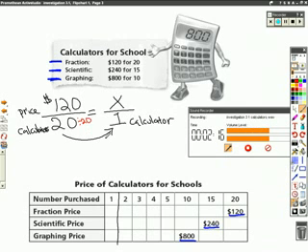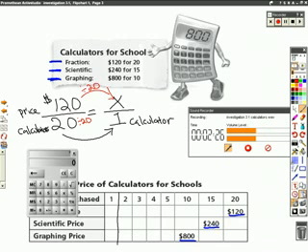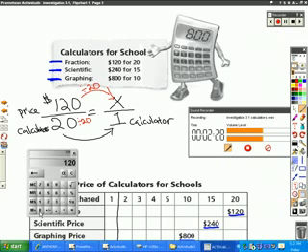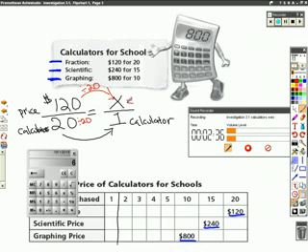So, when we do that, that will get us down to 1 calculator. So if we do 120, and we'll pull up our calculator, 120 divided by 20 equals 6. So, X equals $6.